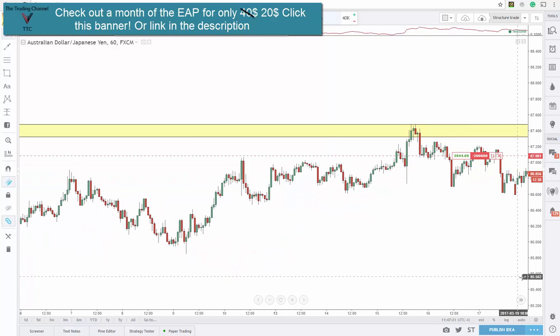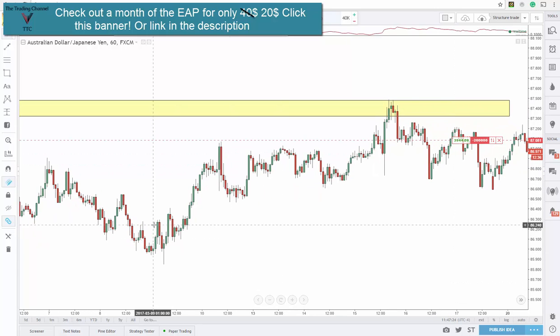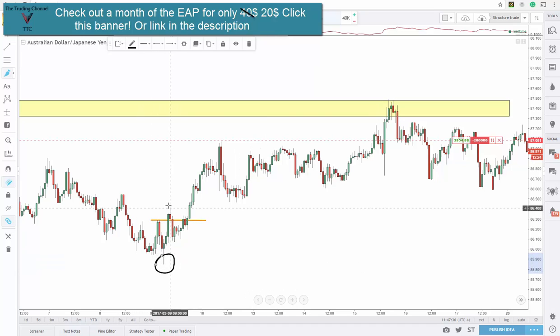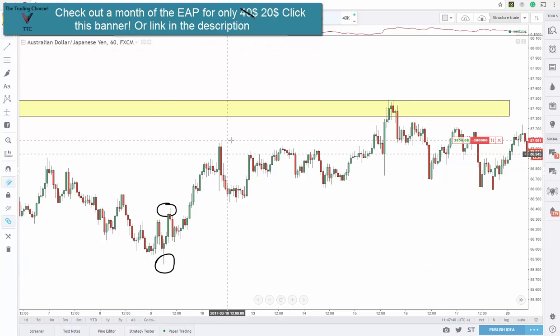And so let's take a look at what the structure has done. As we can see back here, we have our initial high after the break of this resistance, and that makes this our initial low. So we have the initial low, the initial high, and what we're looking for next in this strategy is 2 consecutive higher lows and higher highs.